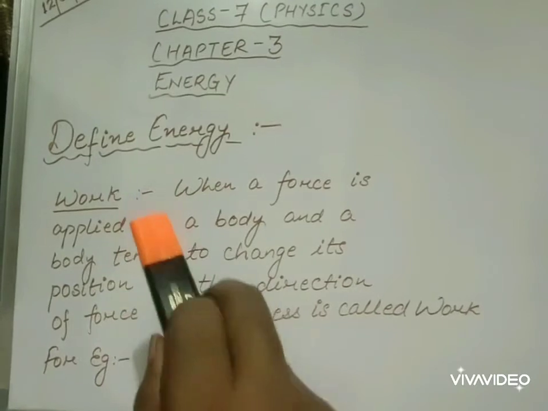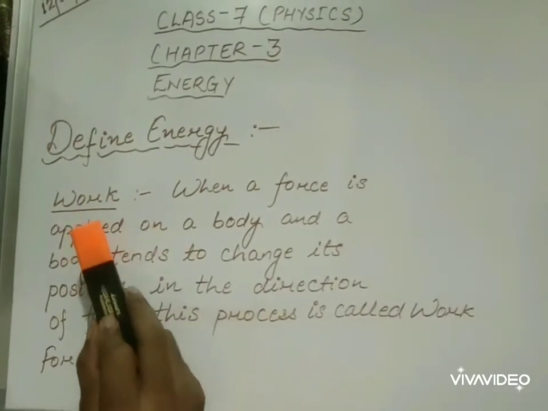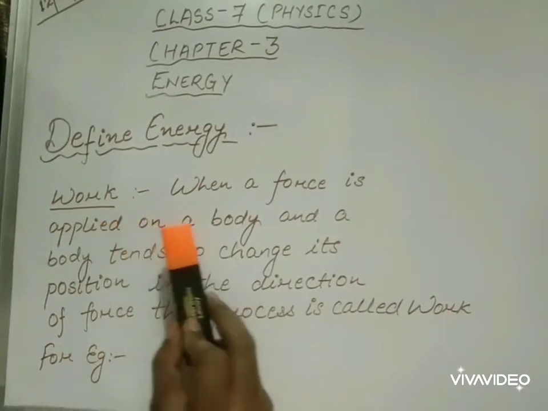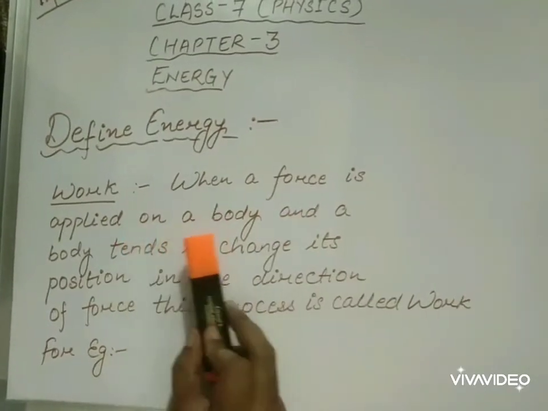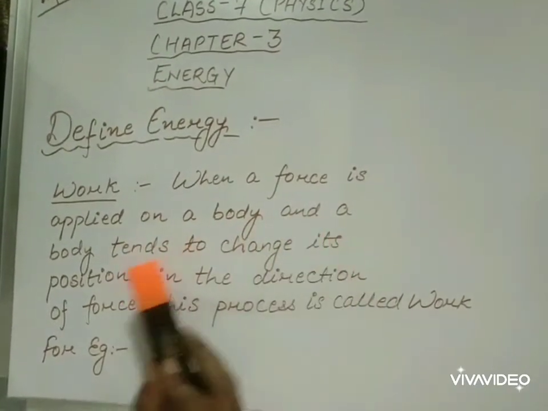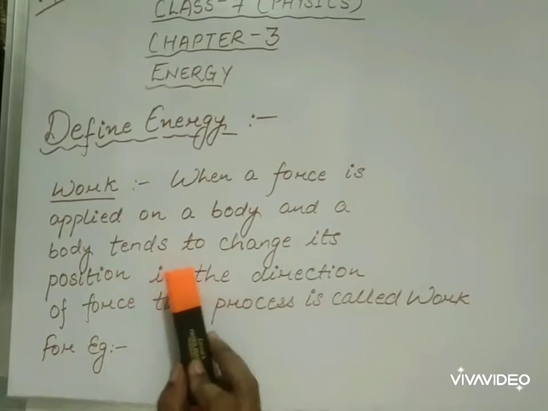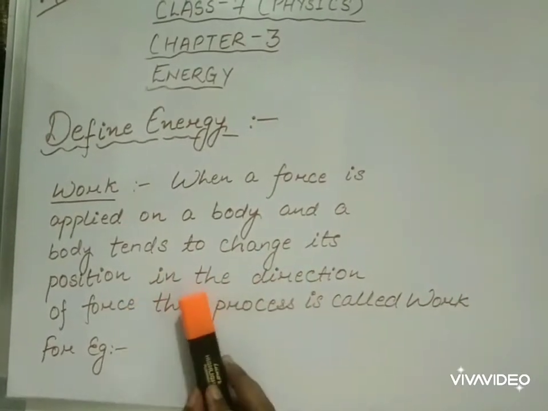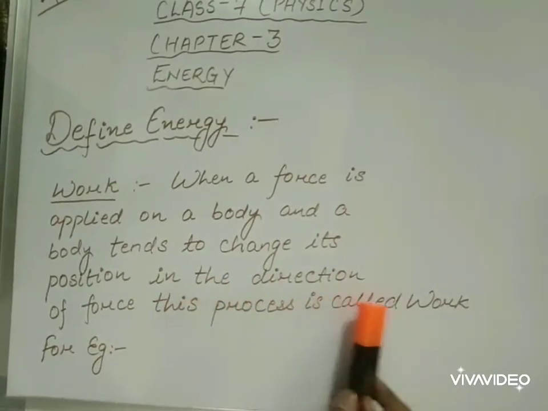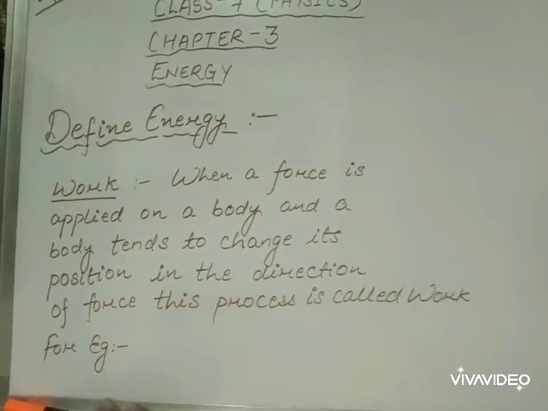Before going on to the definition, we will first see what is work. When a force is applied on a body and the body tends to change its position in the direction of force, this process is called work. For example, let us take a block and apply a force on the block, suppose in this direction.